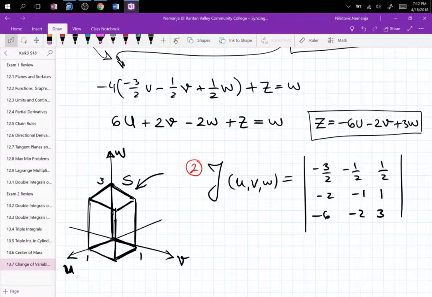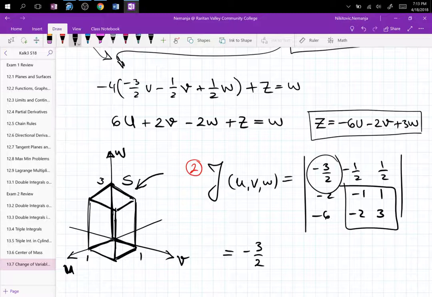What happened? You remember the IJK cross product of 2 vectors? Same way. So we have negative 3 halves times the determinant of this thing over here. That's negative 3 plus 2, negative 1.